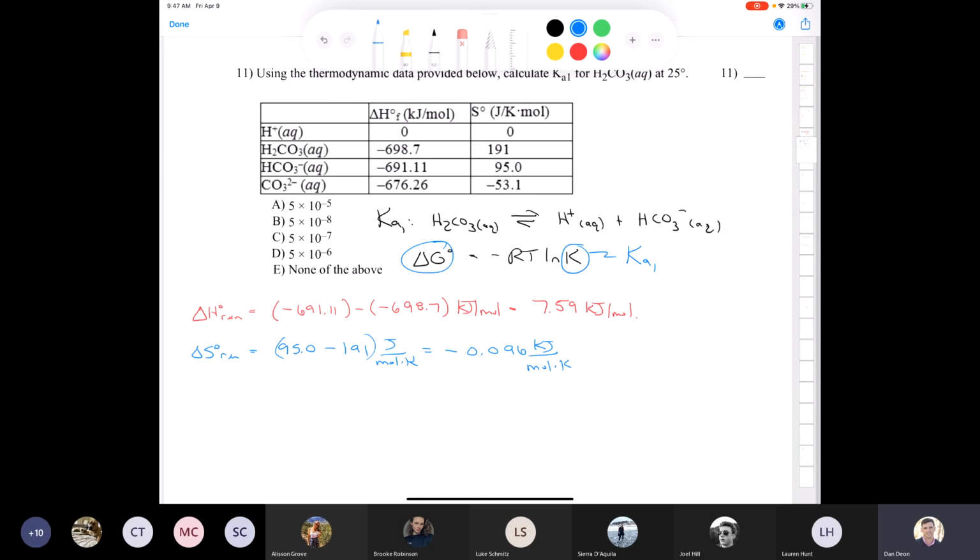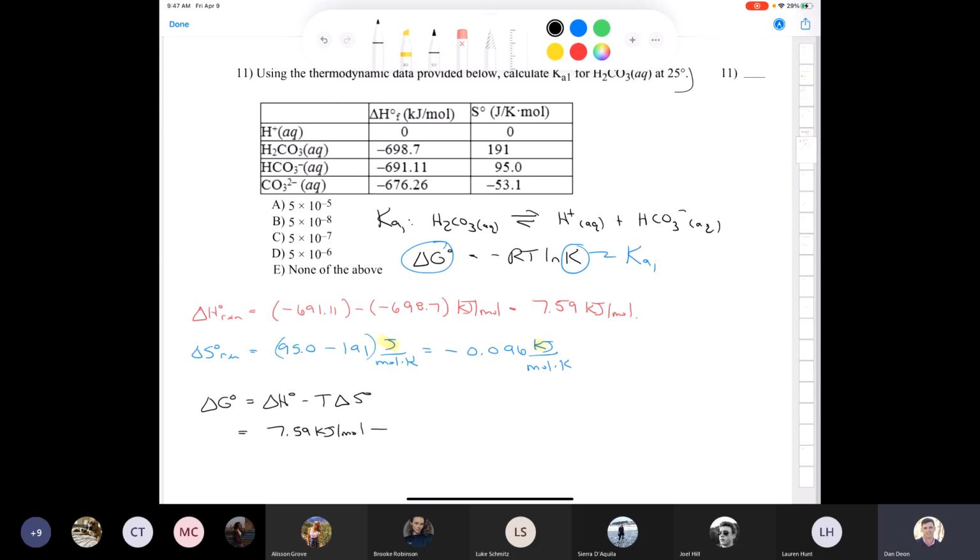Notice that I skipped a step here, right? I went from joules and then I did the extra step of dividing by 1,000 to give me kilojoules per mole Kelvin. I need to have those units consistent for calculating my delta G. My delta G naught is equal to delta H naught minus T times delta S naught. So I have my delta H, which is 7.59 kilojoules per mole.